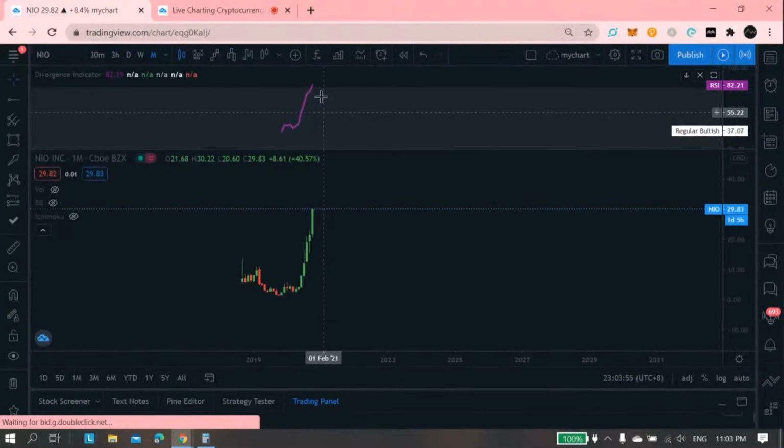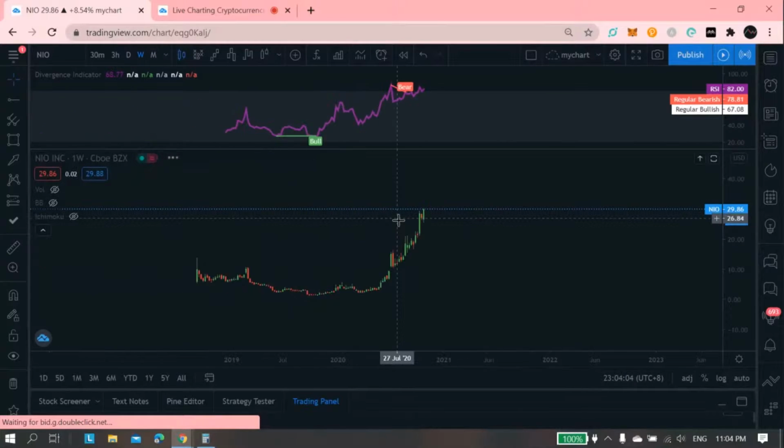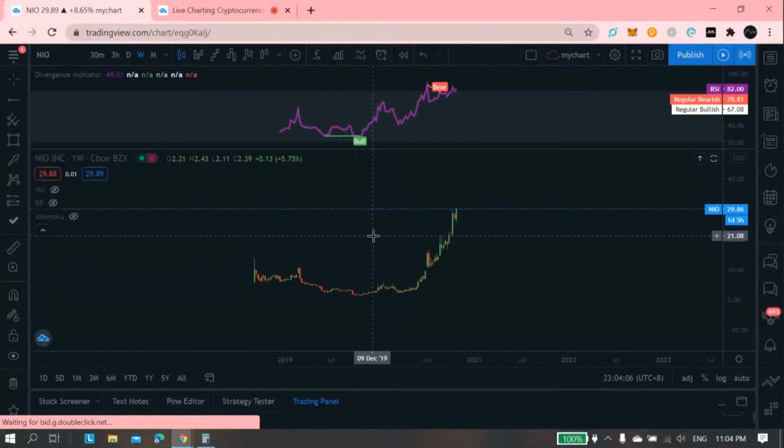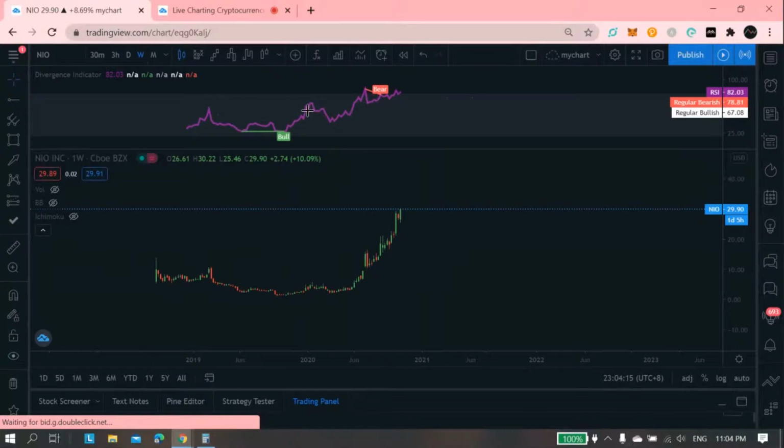And using that monthly candle, it's already RSI at around 82 area. For me personally, I will not trade this because there's higher probability that I might lose this. Yeah, but I don't know what you are trading.